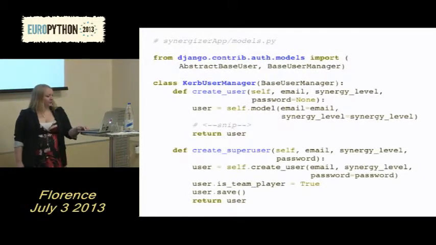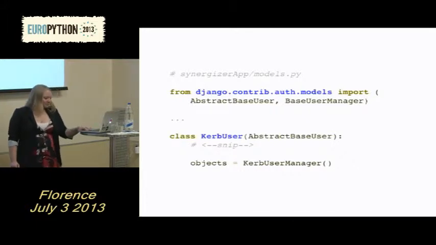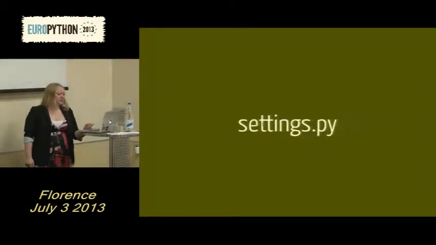This needs to be referred to in your Kerb user model, just in the same models.py, just objects = KerbUserManager. And within the Kerb user class, you can also define get_full_name, get_short_name, and is_active, which I also detail a little bit more on my blog. All right, so hopefully that makes sense a little bit. Moving on to settings.py, we just have to set a few variables to make Django a team player.